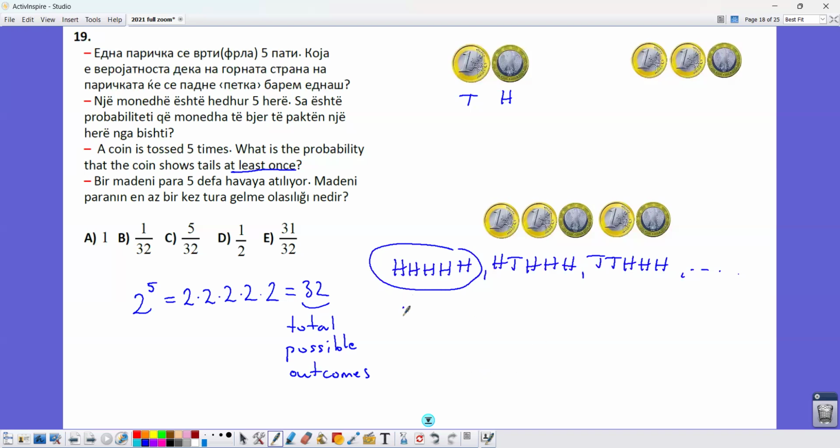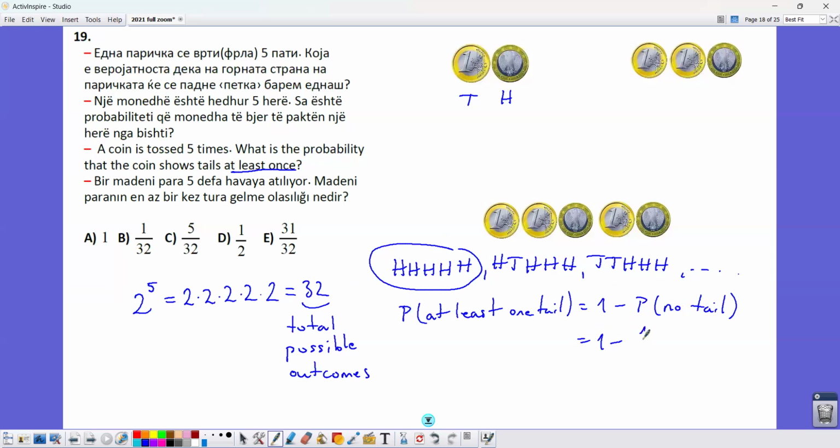So to find the probability of at least one tail, you can do 1 minus the probability of no tail, the part in which it doesn't show tail. So 1 minus, only once we have one outcome that will not show tail, when it is all heads.